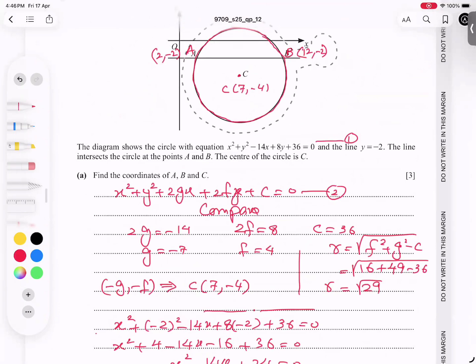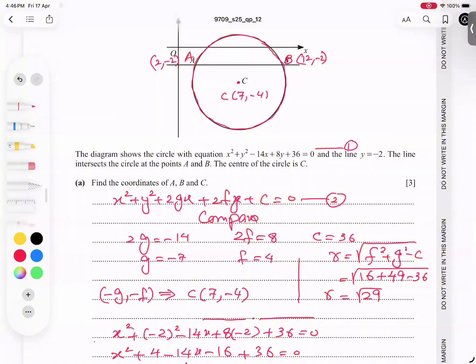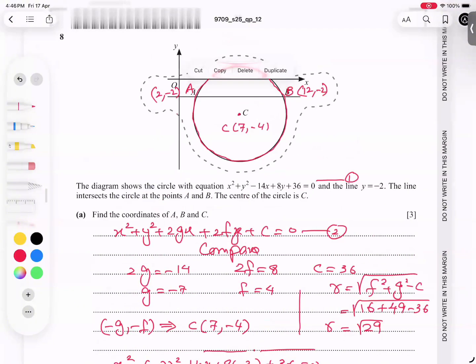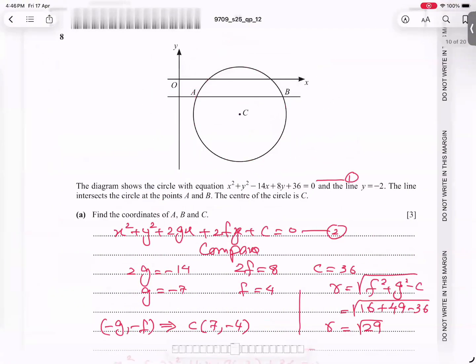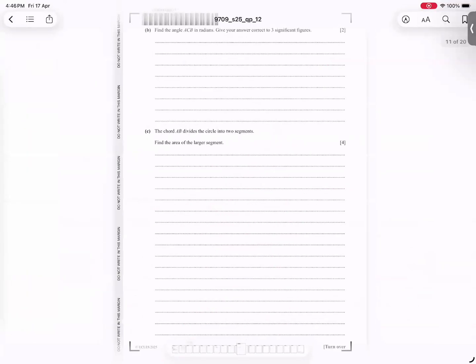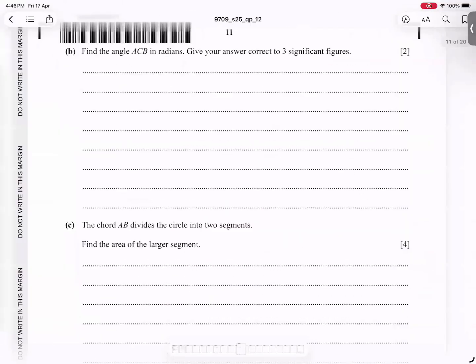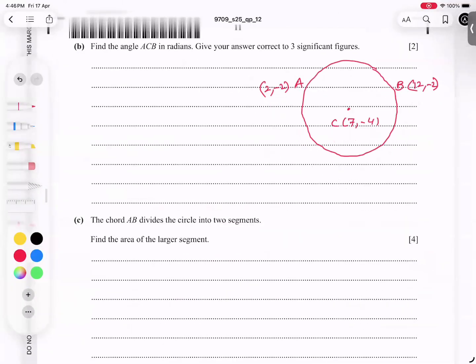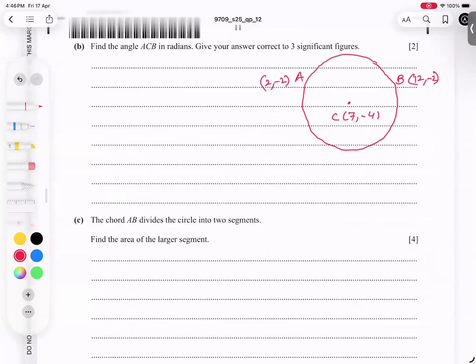I'm going to shift to the other page because this diagram is very important. Okay, so basically, if we check it, we get this kind of triangle.